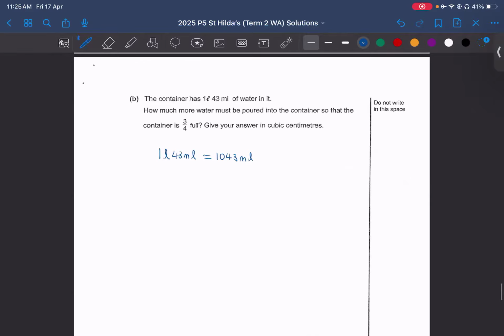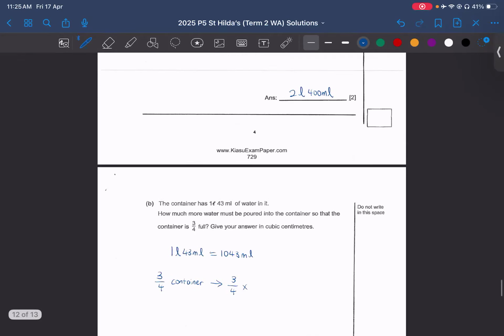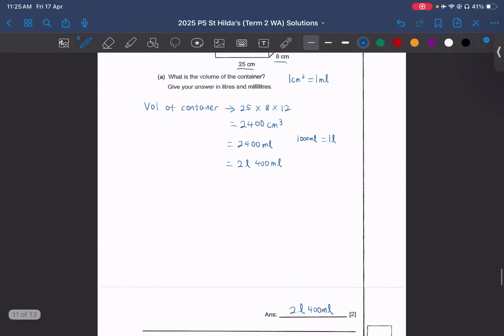So this is same as finding the volume of the container when the container is 3/4 full. So in order to find 3/4 of the container, we will take 3/4 multiplied by the volume of the container, which is what we found in part A, 2,400.